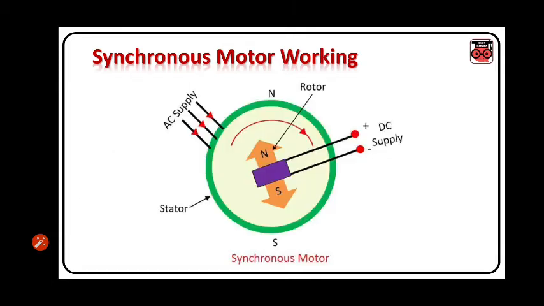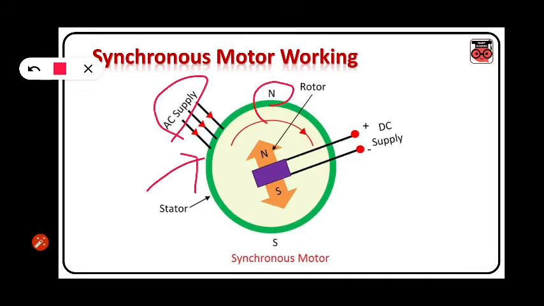In this diagram, you can see this is a stator and AC supply is given to the stator. So the north and south poles are developed, and this is a rotor, and from the external DC supply, the north and south poles are developed at the rotor.